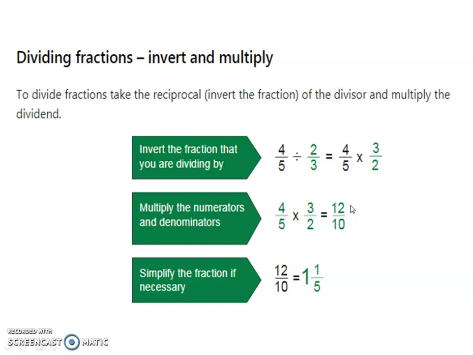So you will get the answer as 6 by 5. 6 by 5 can be written as mixed number as 1 1 by 5. So that is about dividing fractions. In this, what did you learn? A new word, reciprocal. Reciprocal of 2 by 3 is 3 by 2.